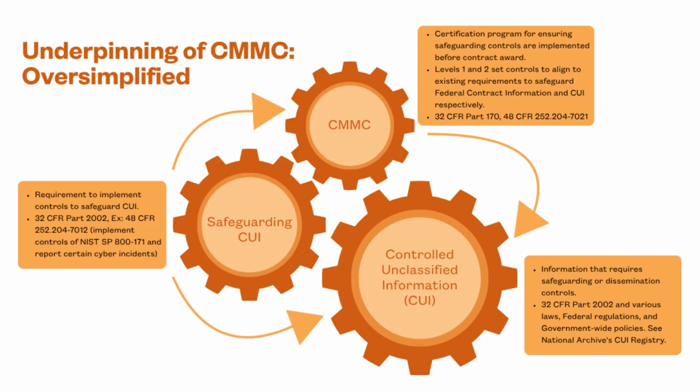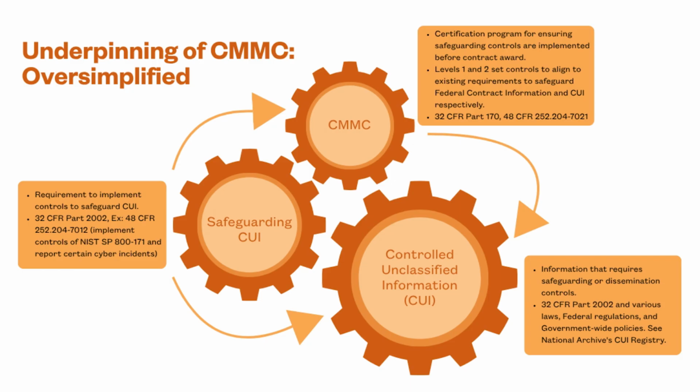Now, finally, let's talk about how this connects to CMMC. CMMC is the U.S. Department of War program for Cybersecurity Maturity Model Certification. You'll hear much more about CMMC in the next episodes in this series. For now, I'll just point out that CMMC Level 1 and Level 2 do not reflect new control sets that companies need to implement.